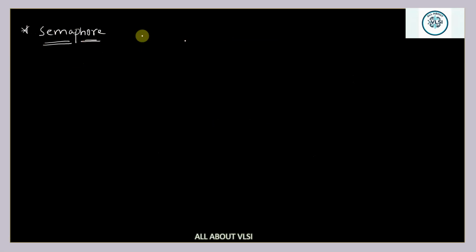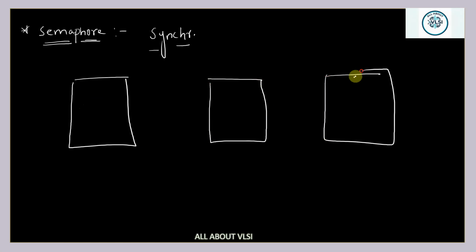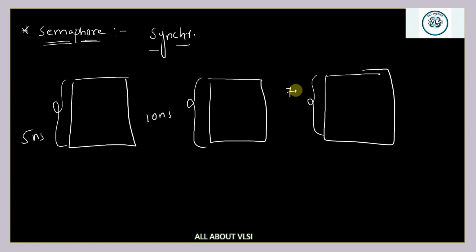But here the semaphore is used for, let's say, synchronization. What we mean by synchronization is that in our SV testbench, which we are going to see from Wednesday, we are going to have different components running in parallel. Let's say suppose this particular module is going to end its execution at 5 nanoseconds, but this module is going to take 10 nanoseconds to execute, and this one is going to take, let's say, 7 nanoseconds.